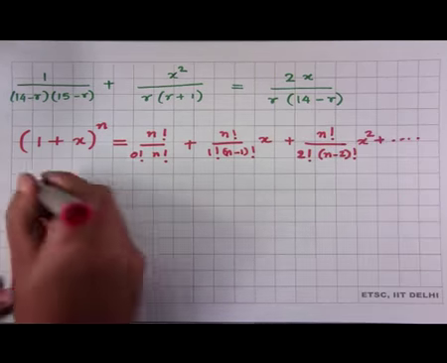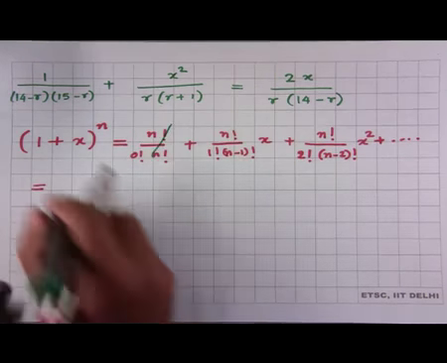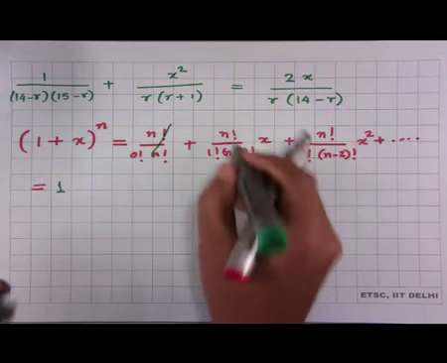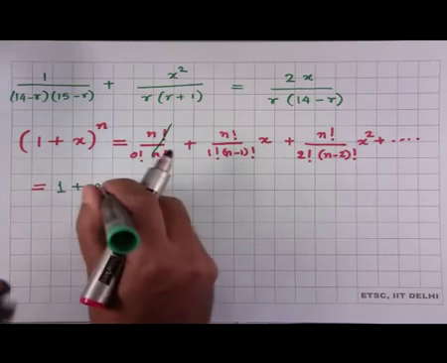Okay. So, this is a 1, and what is this? Factorial n by factorial n minus 1 is just an n.